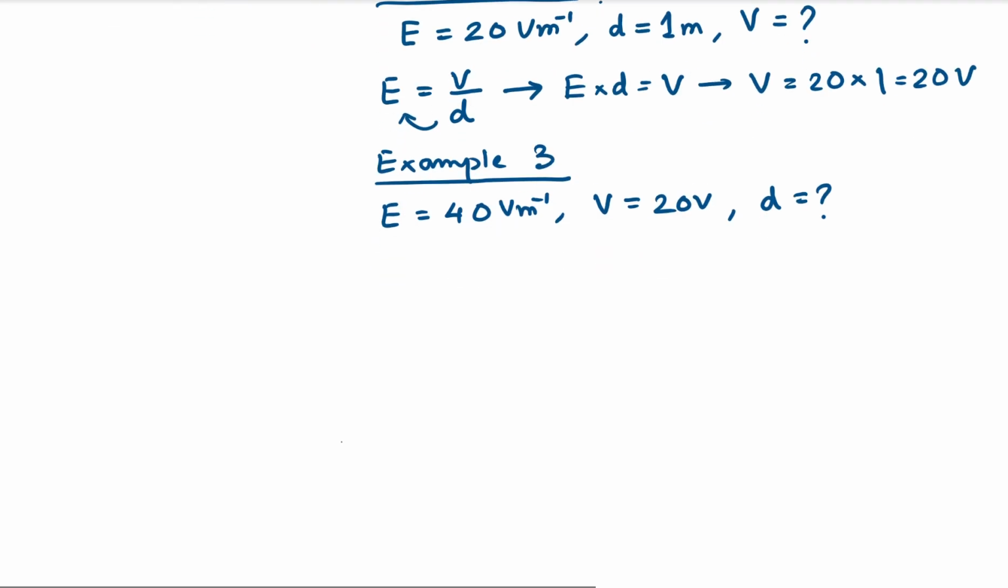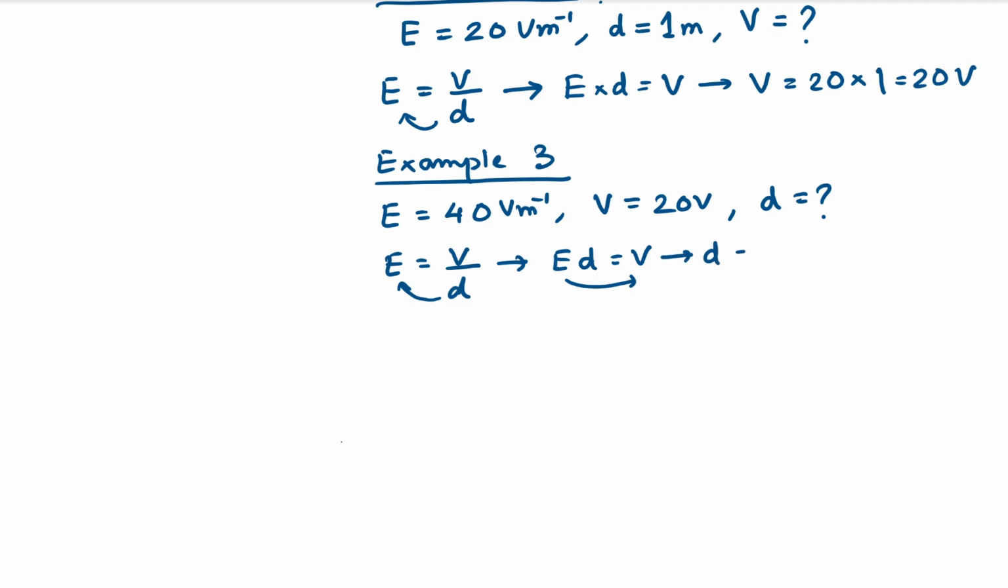So what's D? So again, start from the formula E equals V over D. We have to first rearrange it because D is in the denominator now. So we first move it to the other side and it becomes E times D equals V. And then to solve for D, we will move the E to the other side. So then it becomes D equals V over E.